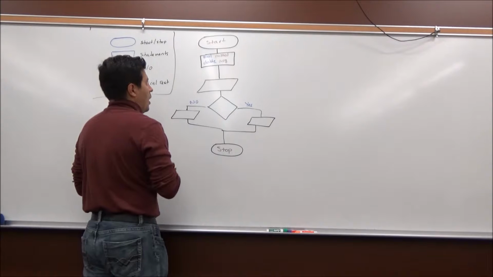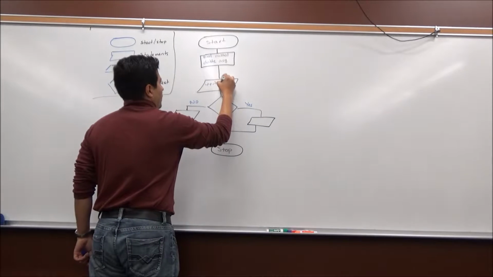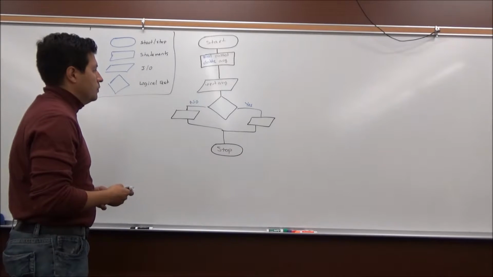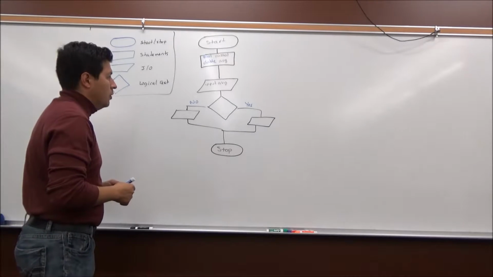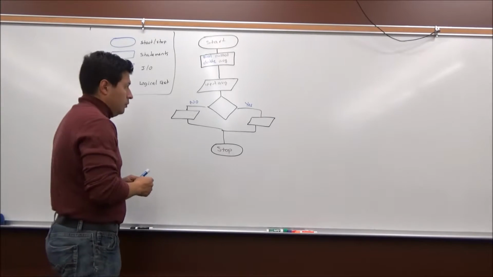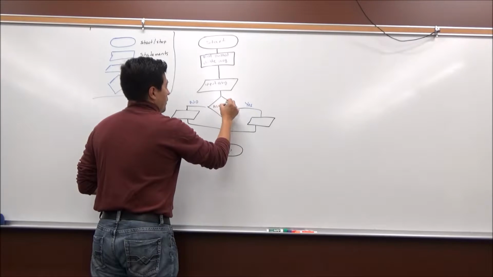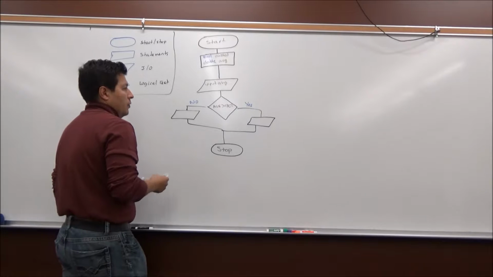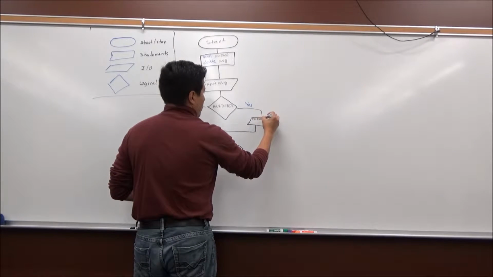And then the input output, I input the average and I ask here: is the average greater or equal than 80? So if it's true, I should have done 2 blocks here, but that's okay.